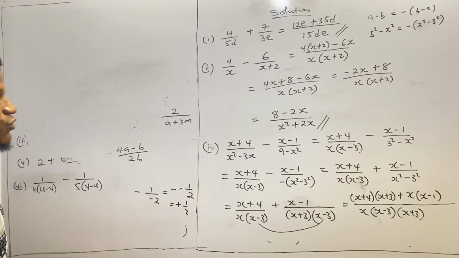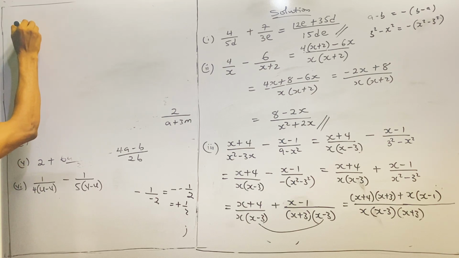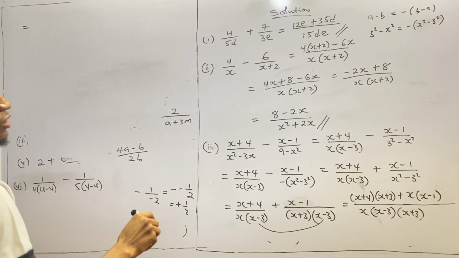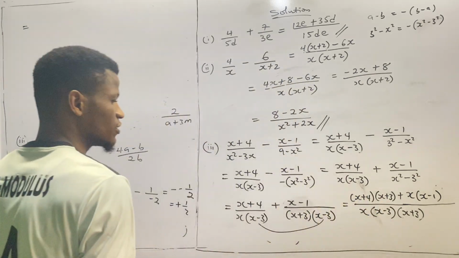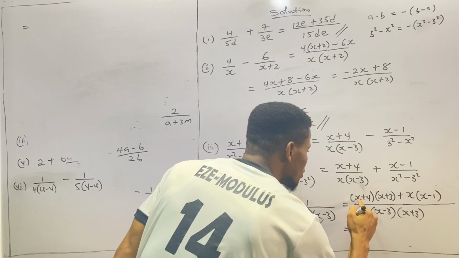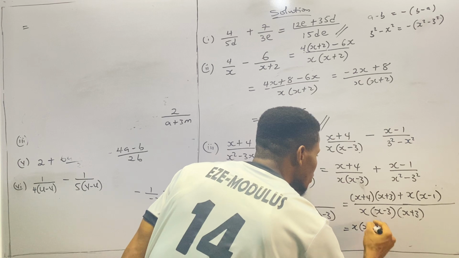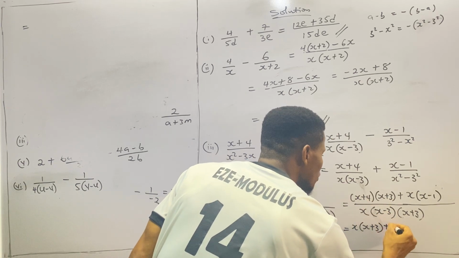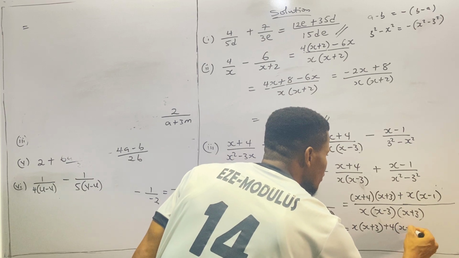So if we expand, this will be equal to, of course, we take x into this, or shall we do it somewhere here? Okay, let's do it somewhere here. Take x into this, so we have x into x plus 3, then plus 4 into this, we have plus 4 into x plus 3.